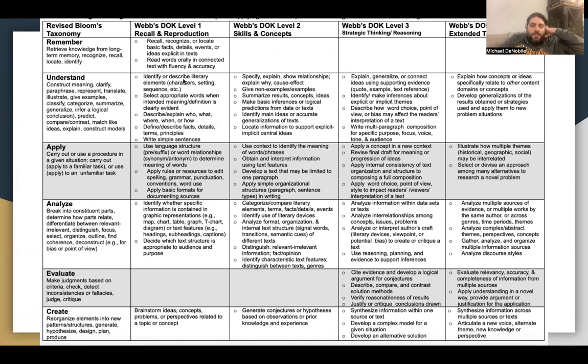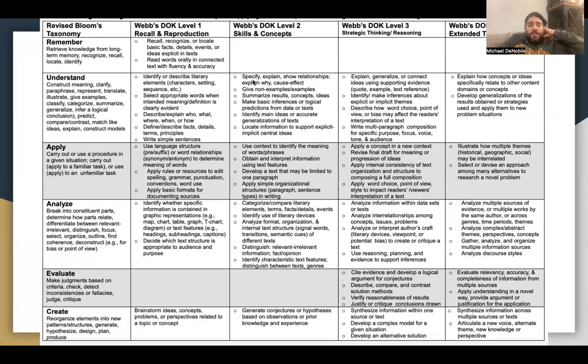So, for example, identify or describe literary elements. Describe the characters, describe the setting, that's just demonstrating understanding. So it's more than simply tell me the name of the character. That's a recall question. Now this is a little bit better, but it's still a recall question. It's just an understanding recall question.